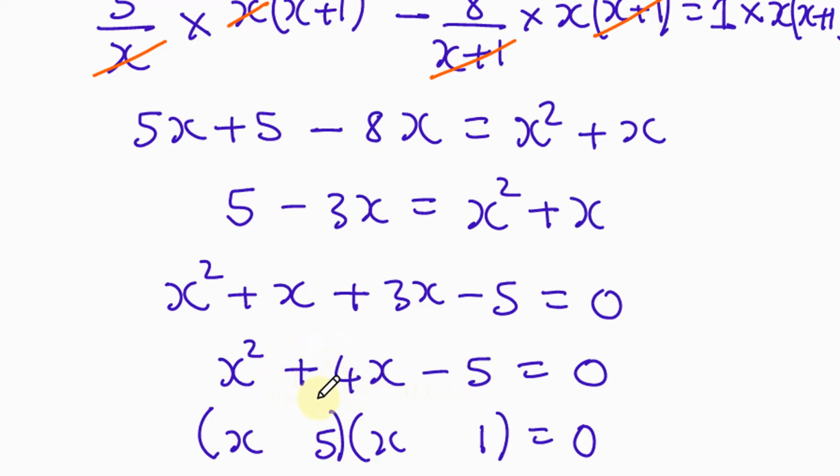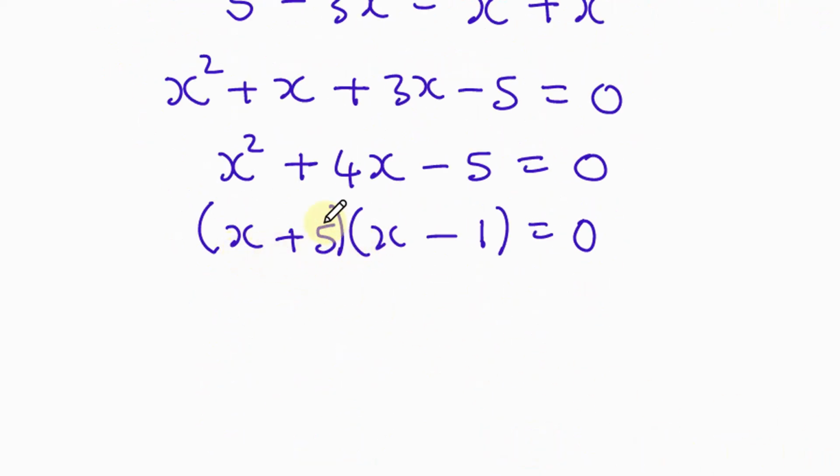Our middle term must be positive 4x. So we need a plus here with a 5 and a minus with a 1. Let's check. X times x will give us x squared. Positive 5 times negative 1 will give us negative 5. Then we have positive 5x minus 1x will give us positive 4x.